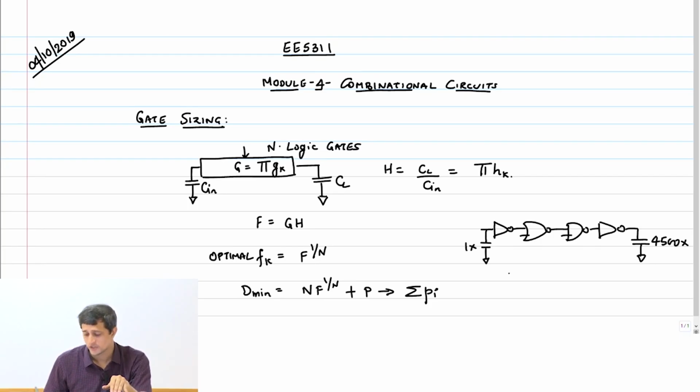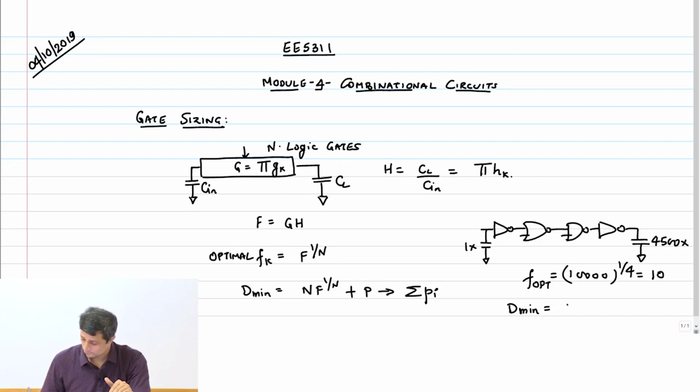It turned out that for this particular circuit, the optimal stage effort, F opt, was 10,000 power 1 by 4, because there are 4 gates, and therefore this was 10, and the minimum delay was what? 46. Normalized minimum delay was 46.